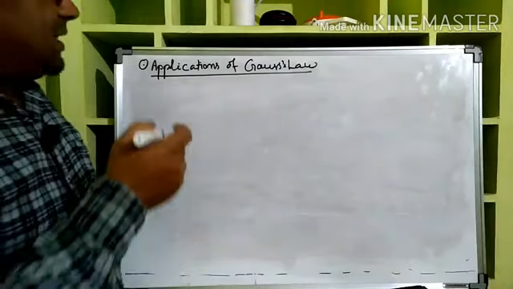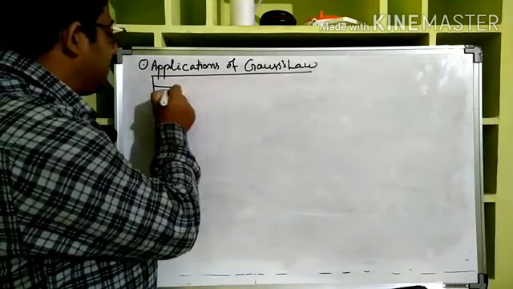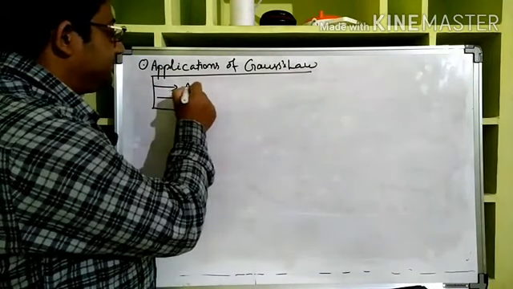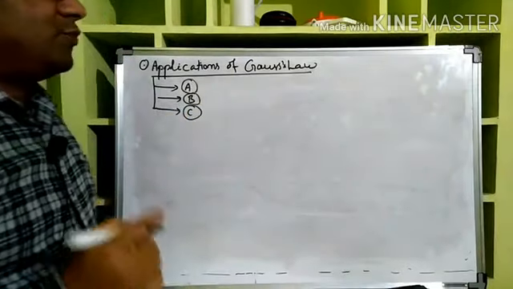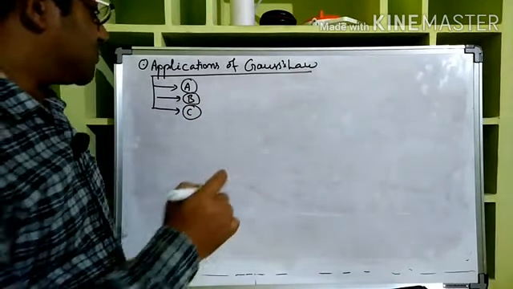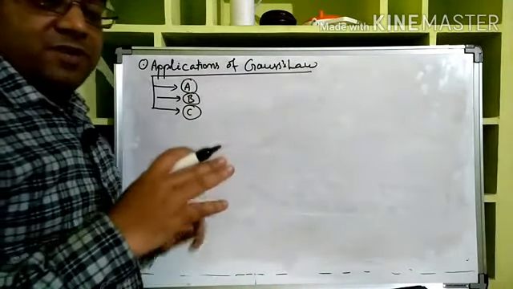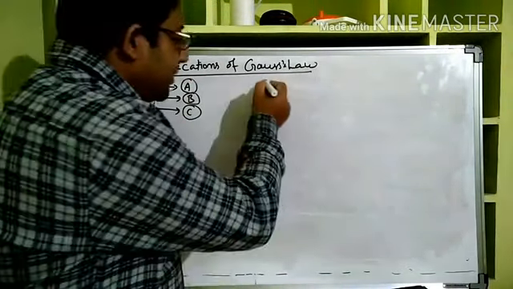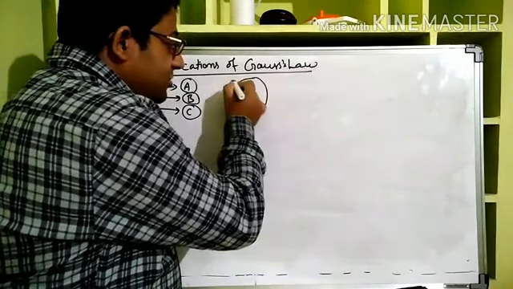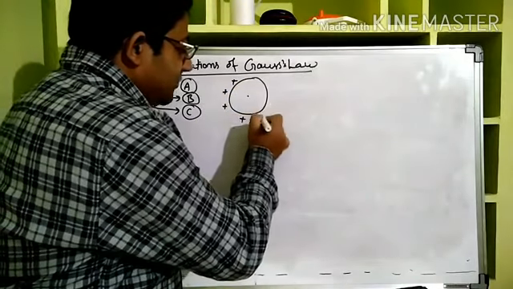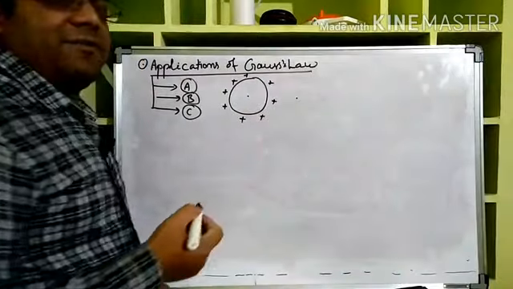Now, in the applications of Gauss law, we will have three applications altogether. One application is regarding a uniformly charged sphere. I'm very sorry, I said square. What we are doing is, we will take a uniformly charged sphere, and because of this uniform charge over the sphere, at any point we will calculate the electric field intensity.